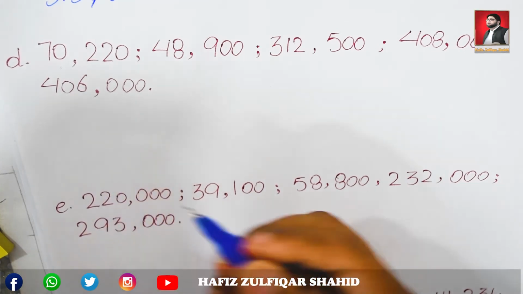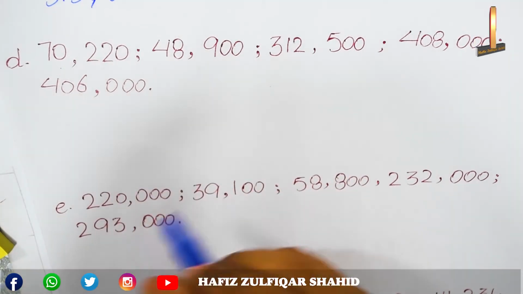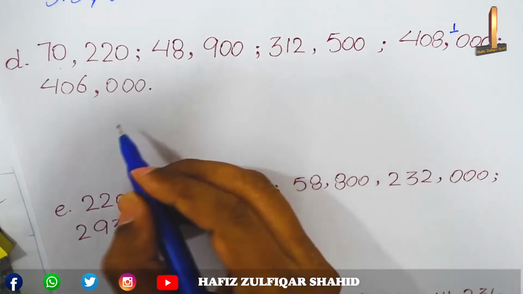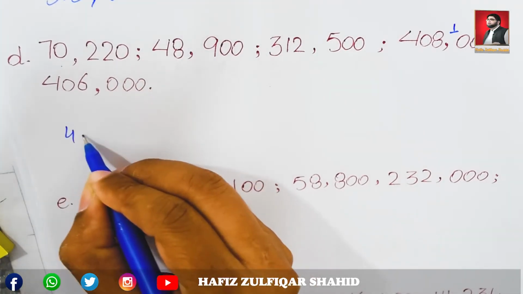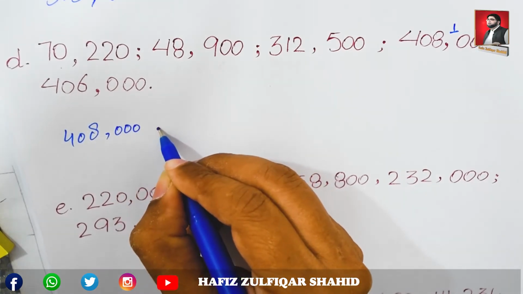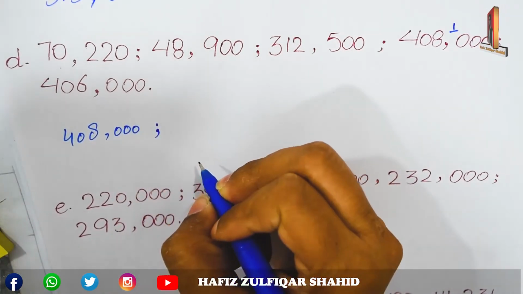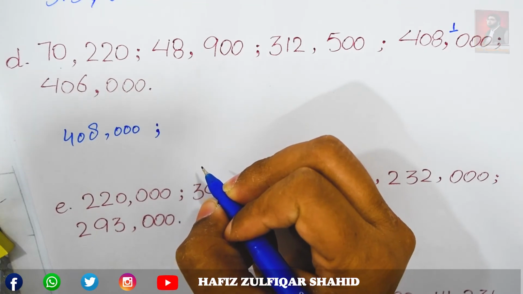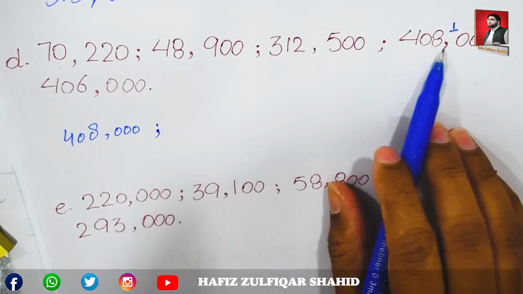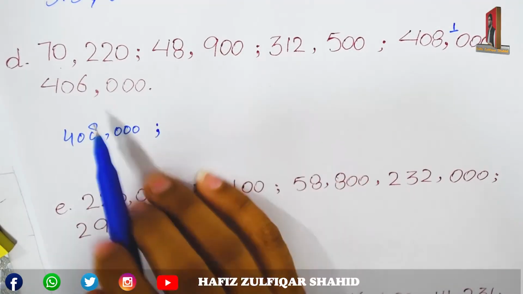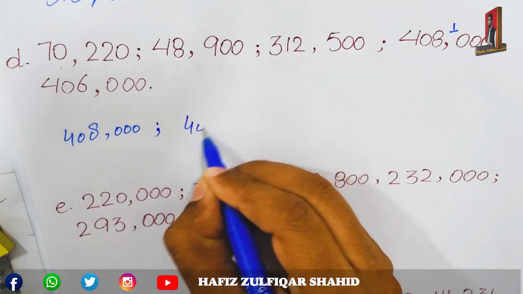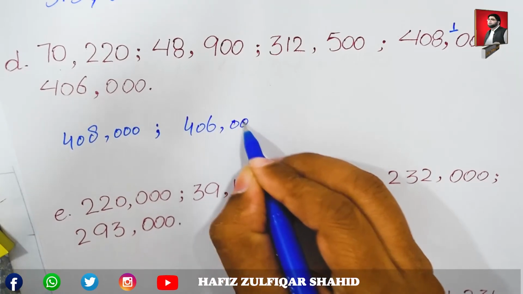Let's write the largest one first, and this 408,000, I can see it is the largest value in this given bunch of values. Now find out the second, smaller than 408 but greater from remaining all values, and it is 406,000.